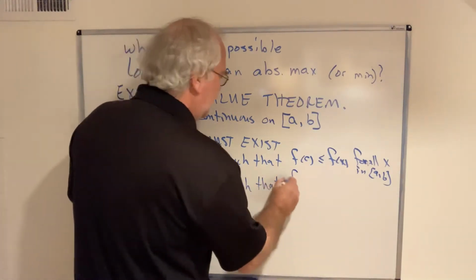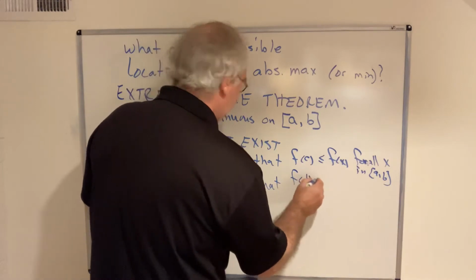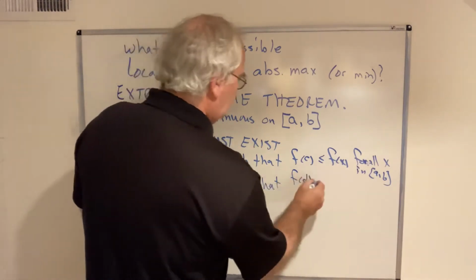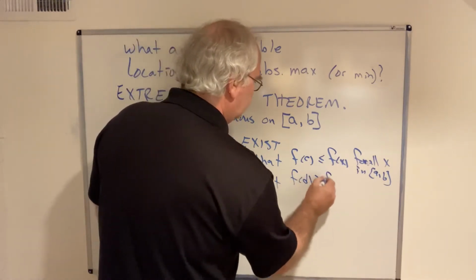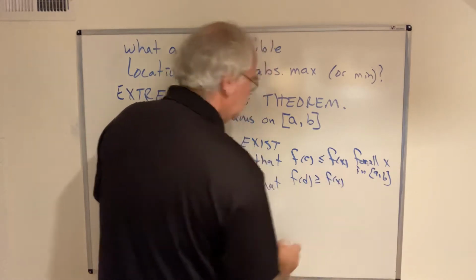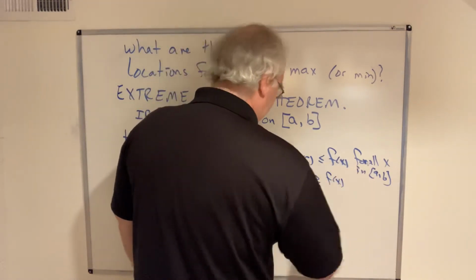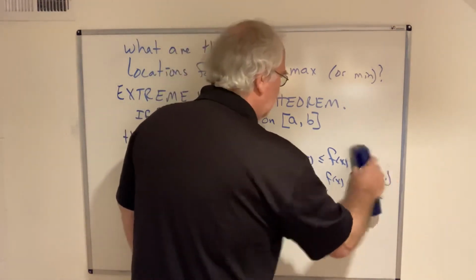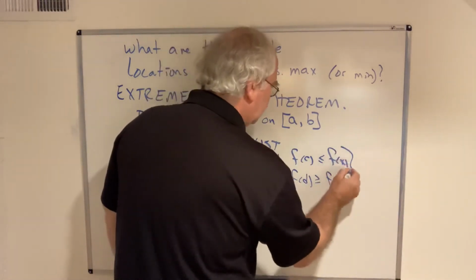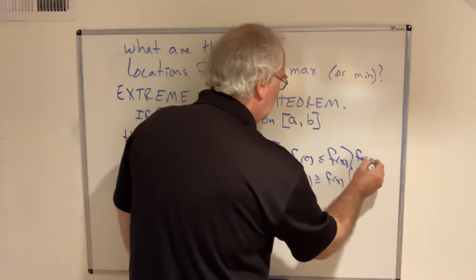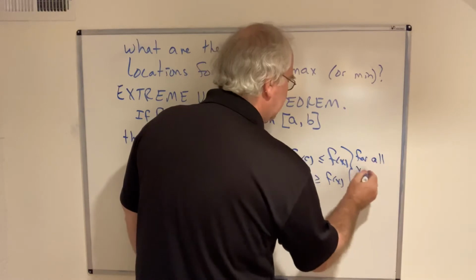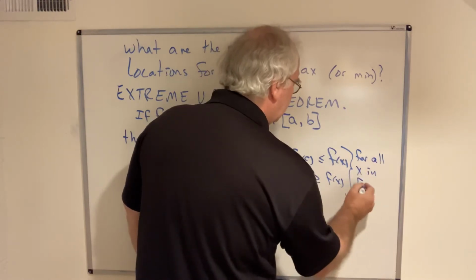Such that f of d is greater than or equal to f of x. And again, this is the same. Each of these is for all x in the interval.